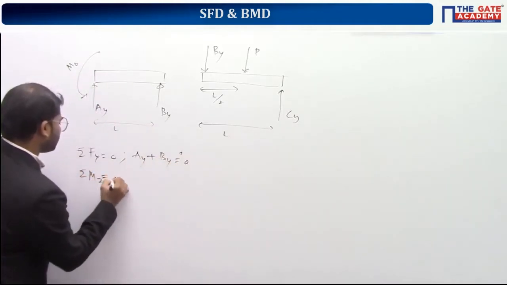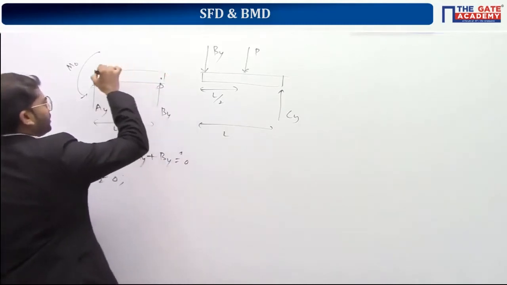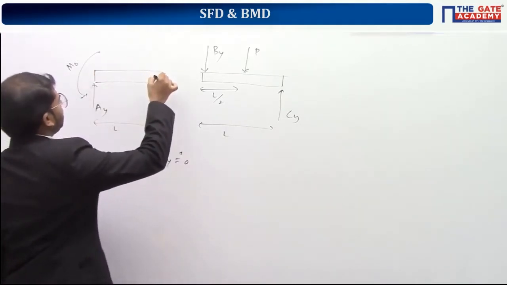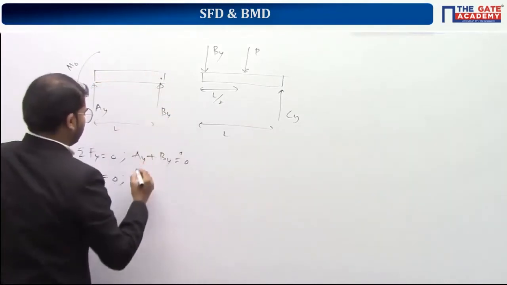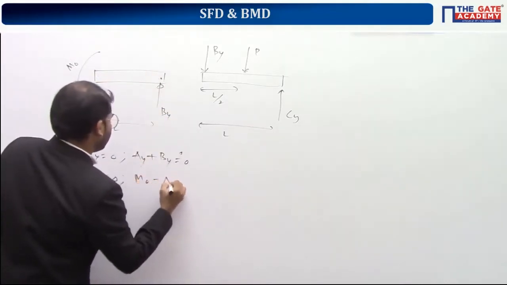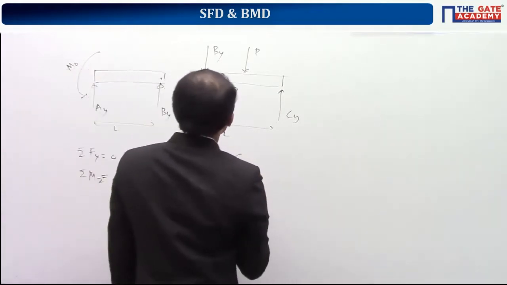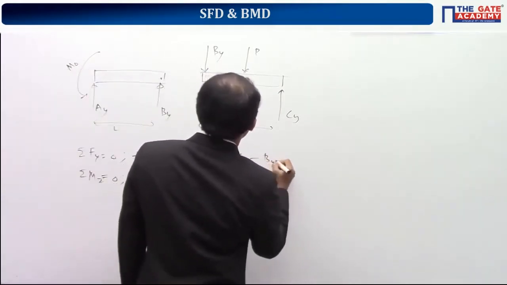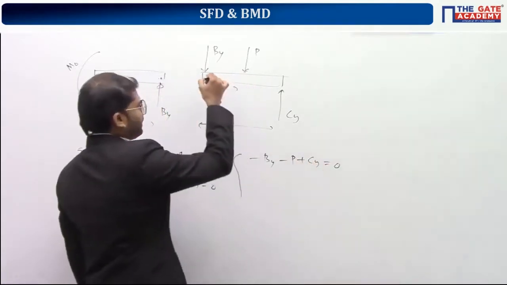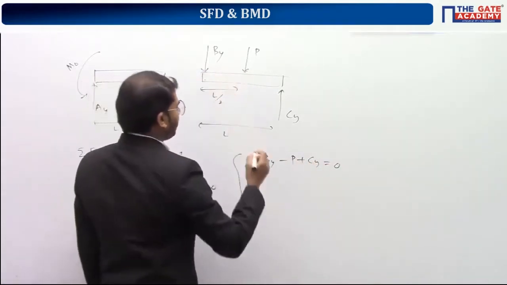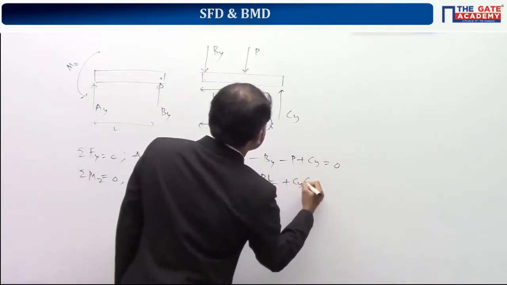Applying sigma MZ equals 0, taking moment about this point, M naught is anti-clockwise, so M naught minus AY into L equals 0. Coming to BC, sigma Fy equals 0 means minus BY minus P plus CY equals 0. Taking moment about this point, P into L by 2 clockwise, CY into L anti-clockwise.